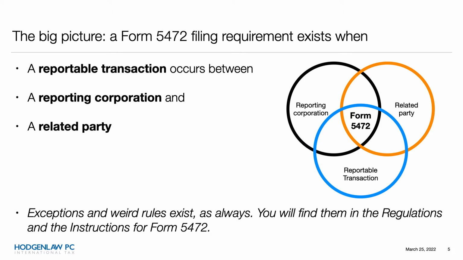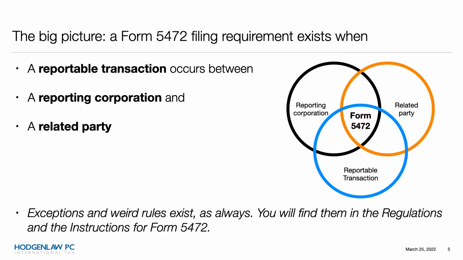Think of this as, I know I've got trouble when I have a reportable transaction that I've identified between a reporting corporation and a related party. So it's a transaction-driven form. Therefore, as I wrap up, the way to look at this is first go through the general ledger of the reporting corporation and look at the transactions, money in, money out.